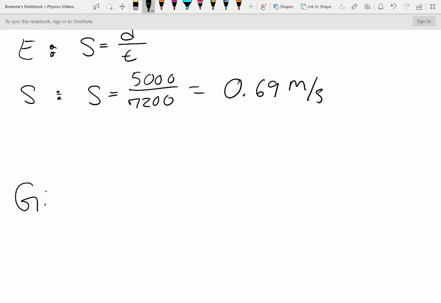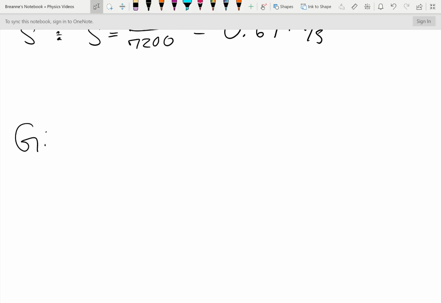So our givens are, one of them is stop. Stop is a given. What does stop give you? Stop gives you your final velocity. Because think about it, if you've stopped, you're not moving. So therefore your velocity has to be 0. And it's saying that it comes to a stop, so your final velocity would have to be 0.